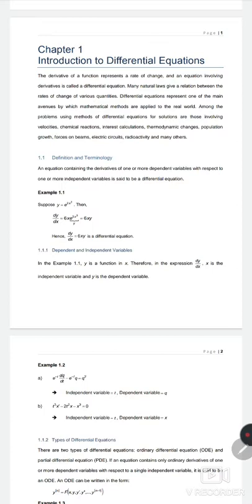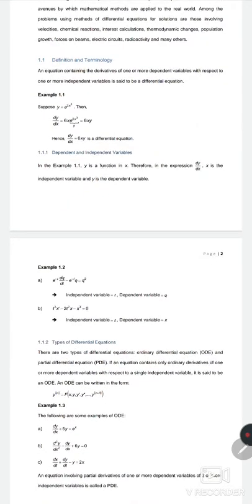Among the problems using methods of differential equations for solution are those involving velocities, chemical reactions, interest calculations, thermodynamic changes, population growth, forces on beams, electric circuits, radioactivity and many others.